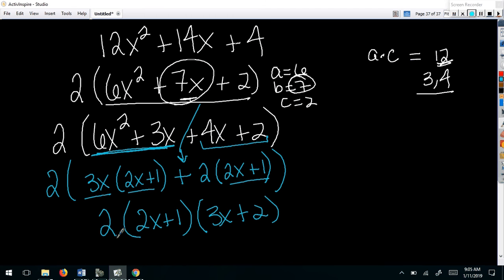How would you check to see if you're right? FOIL it out, distribute through. Why would you ever do that? Oh, just wait. I think that is the essential question of Algebra 2. Why do it? Why should I factor? Well, why should I learn this? I mean, every single chapter comes back to factoring. This has a lot to do with quadratics.